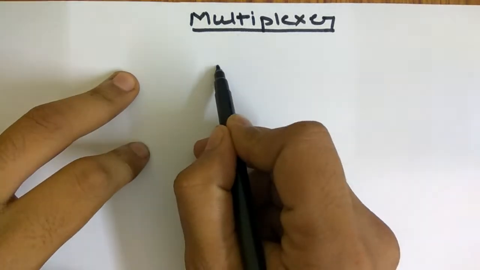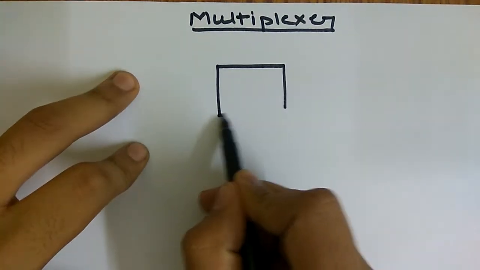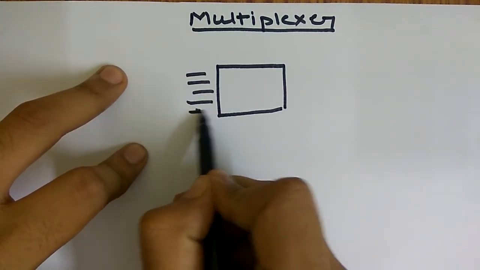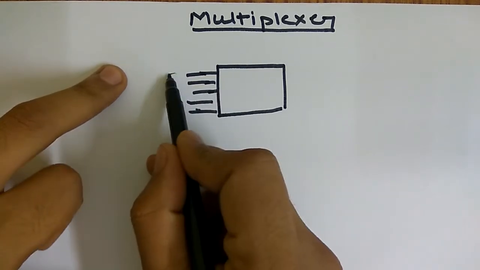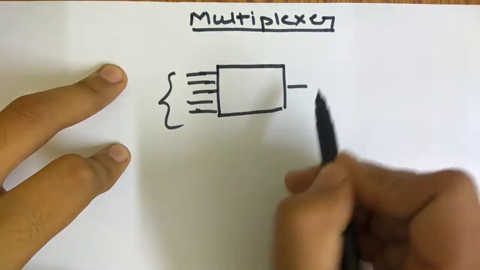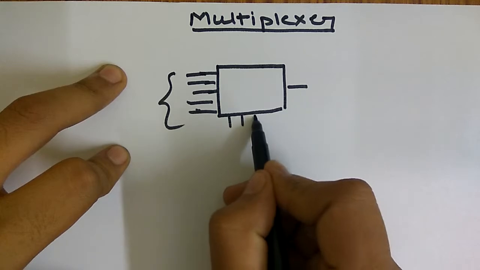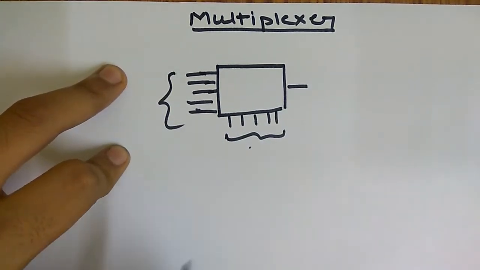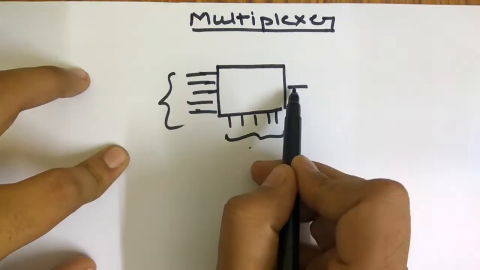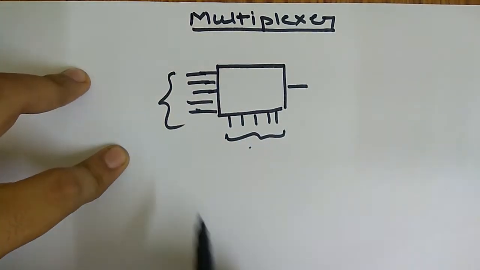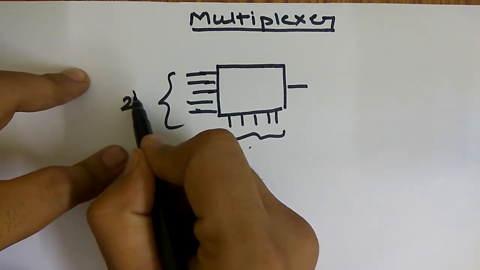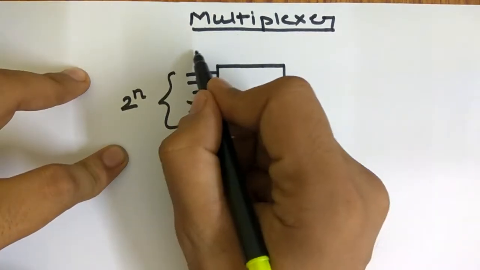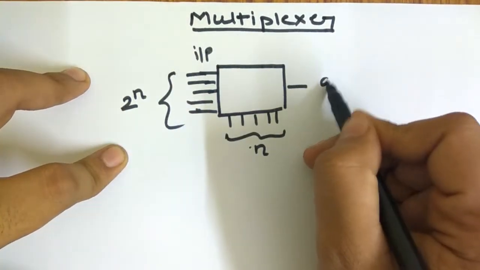So suppose this is a multiplexer. There are multiple inputs and a single output, and there are some select lines. Based on the select lines, the input is transferred to the output. So like 2 to the power n inputs and n selection lines, and this is the output.